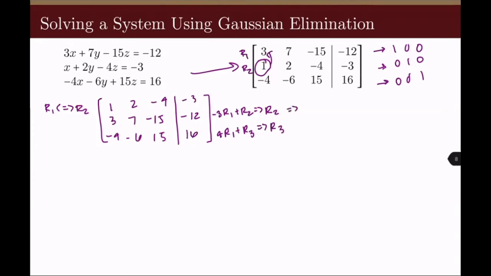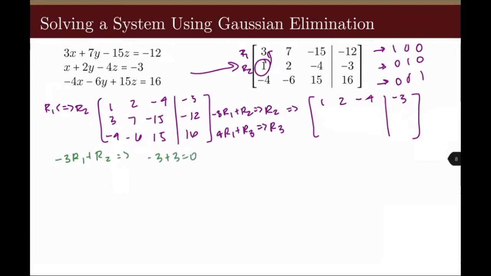So then my new matrix is going to be, well, I still have 1, 2, -4 augmented with -3. And then I'm doing -3 times row 1 plus row 2. I'll show some scratch work here. So -3 times row 1 plus row 2 is going to be, we'll have -3 plus 3, which is 0. Then we'll have -6 plus 7, which is 1.